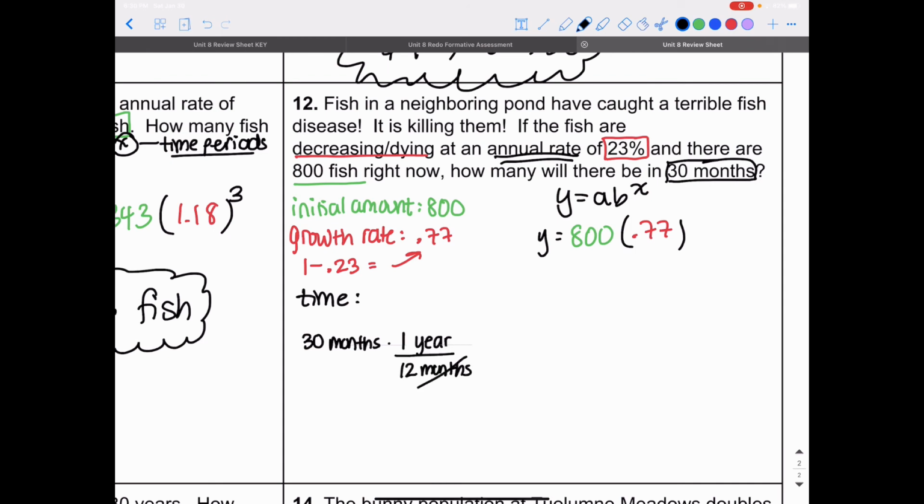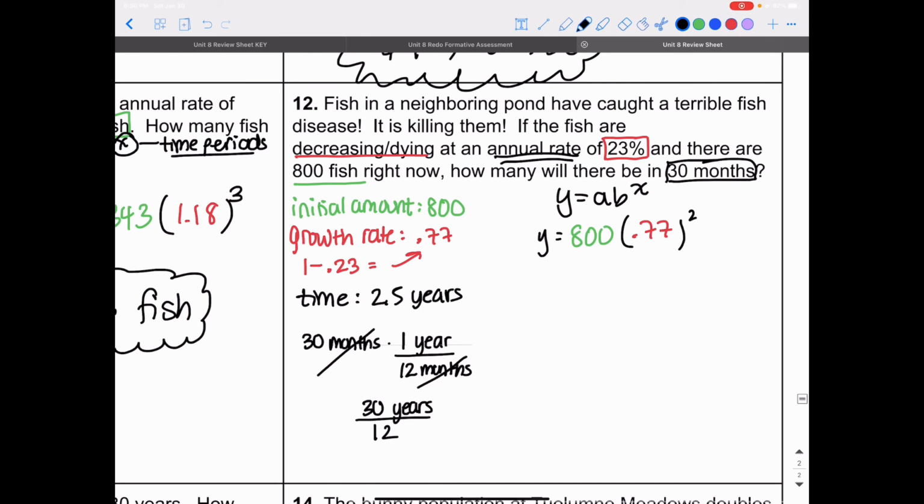The unit months cancels out, and I'm left with 30 times 1 year, or 30 over 12 years, and that is 2.5, so the time is 2.5 years.